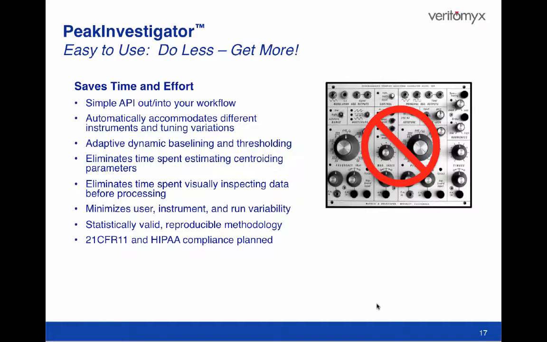The bottom line is that PeakInvestigator minimizes variability in results between users, runs, and instruments. It is built upon statistically valid and reproducible methodology and is designed for 21 CFR 11 and HIPAA compliance upon commercial release.